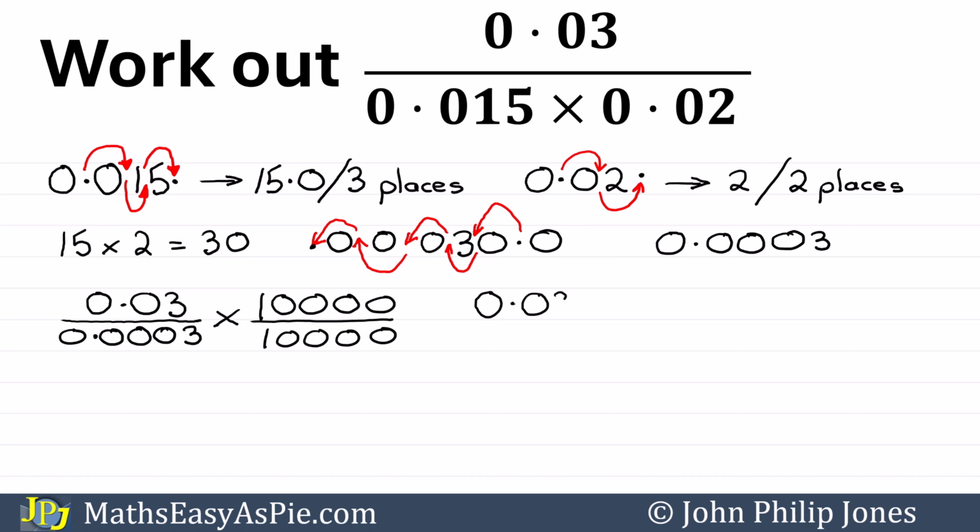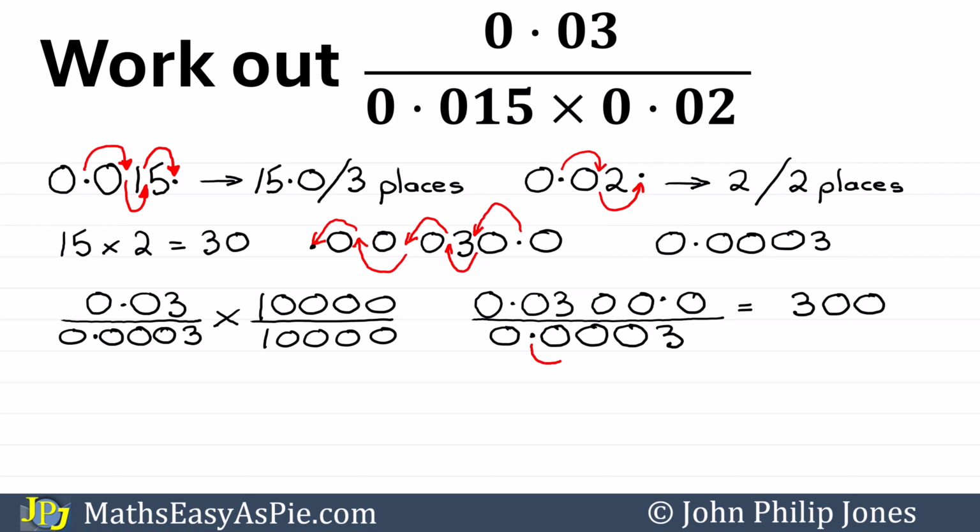So you can see I'm moving the decimal point 4 times, and this will give me 300. Of course, the number doing the dividing also has its decimal point moved 4 times, and you can see that therefore becomes 3, and we end up with 300 divided by 3.